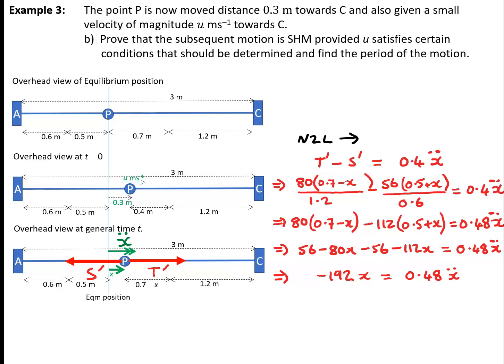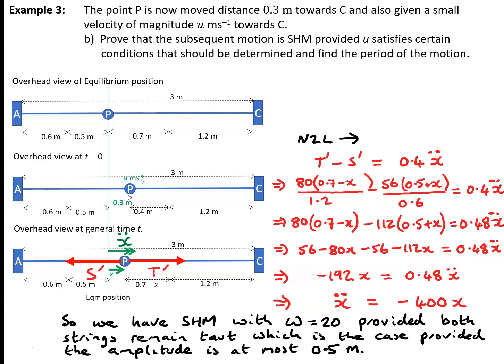In other words, 0.48 x double dot is minus 192x, or x double dot is minus 400x, which is a simple harmonic equation with omega squared equals 400, so omega equals 20.